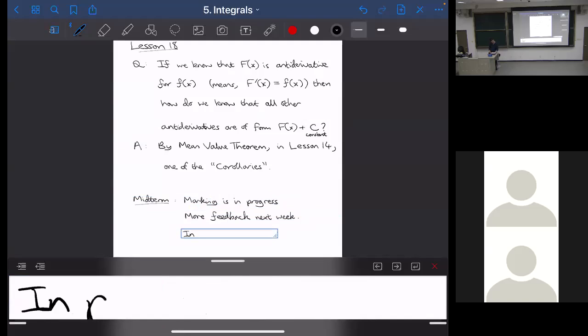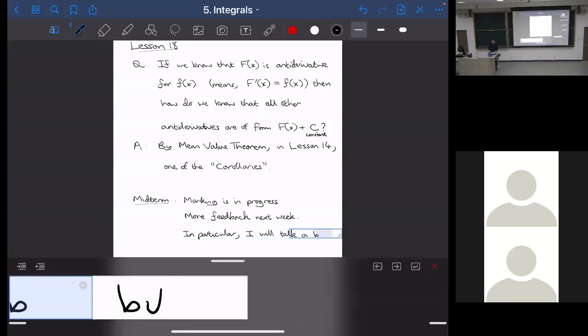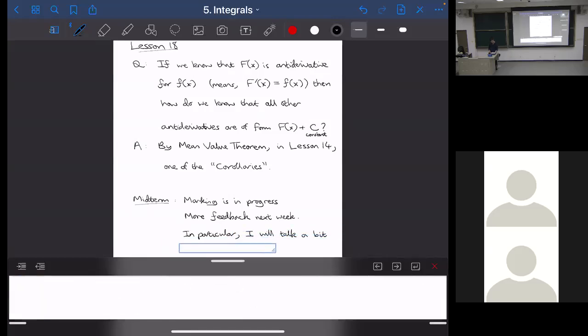In particular, I will talk a bit about graphs. I saw the feedback about there being a lot of graphs in the midterm.